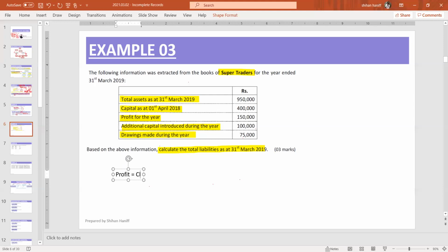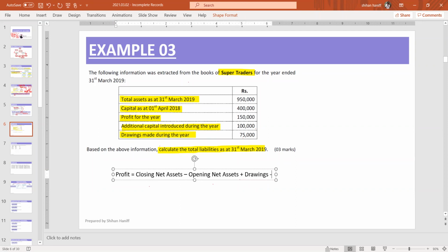Profit equals profit is 150,000. Closing net asset.